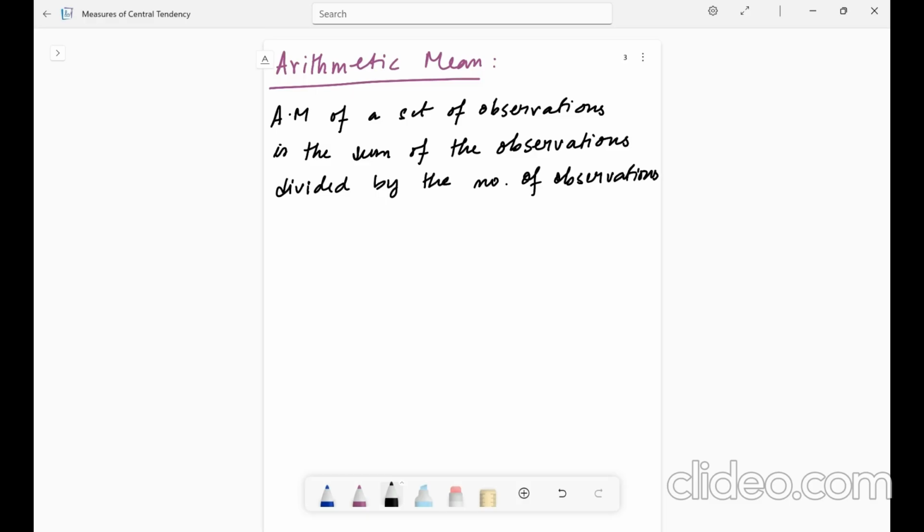Okay, that is x bar. We denote arithmetic mean by x bar. So x bar is equal to summation of xi by n, where i runs from 1 to n. This basically means x1 plus x2 and so on till xn, divided by n.